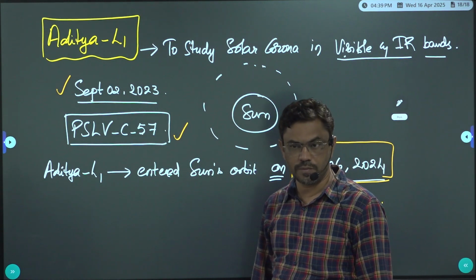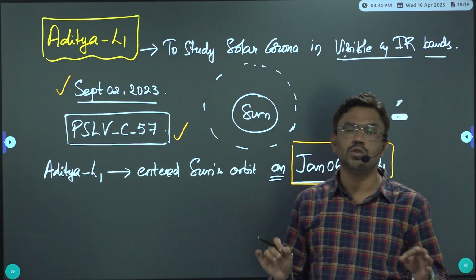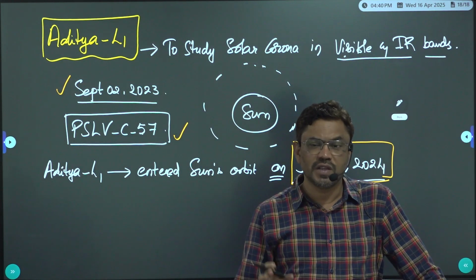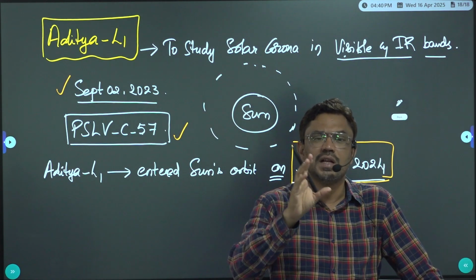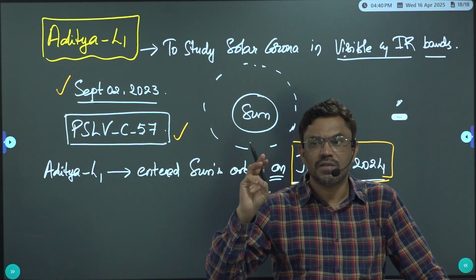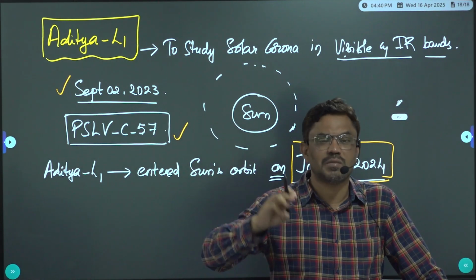Then what is the main objective of this Aditya L1 mission? To understand the physical processes occurring in the Sun's corona, that is the Sun's atmosphere. Okay.